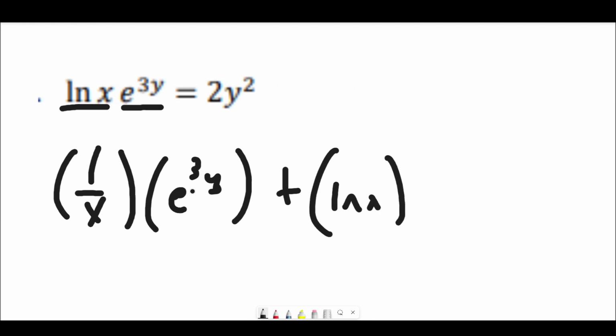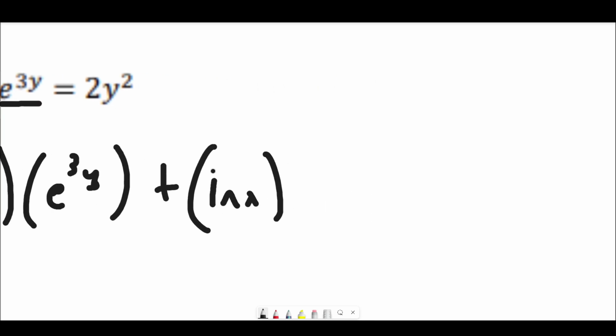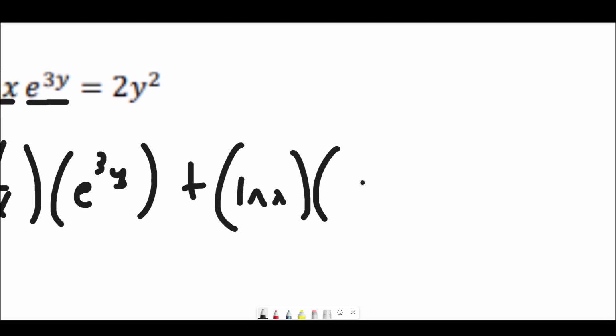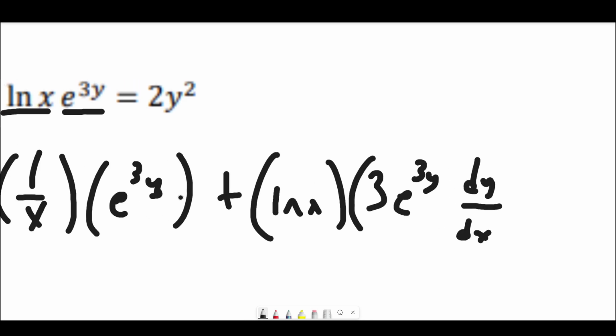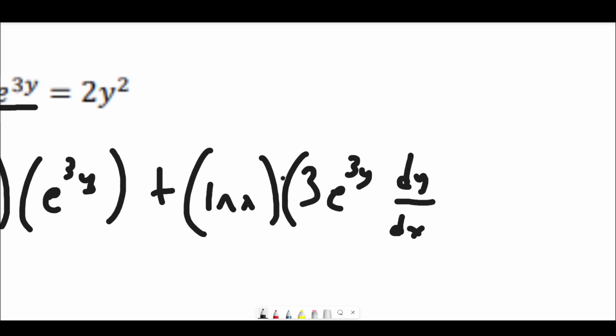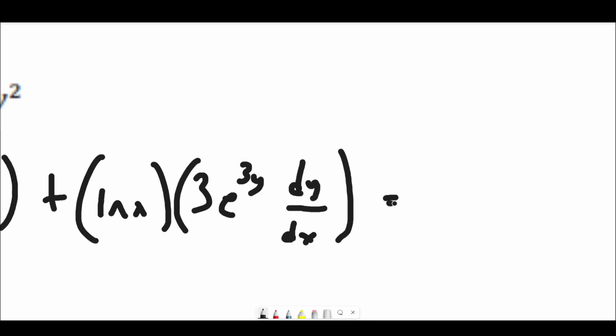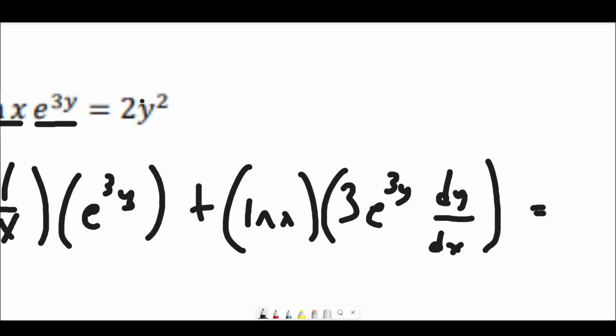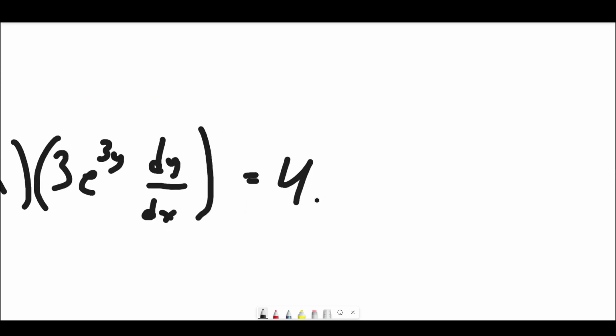And now we're going to take the derivative of e to the 3y using the chain rule. So this is just going to be 3 e to the 3y times dy over dx. Anytime we take the derivative of something with the y variable, we have to add dy over dx. And then the derivative of 2y squared is just 4y dy over dx.